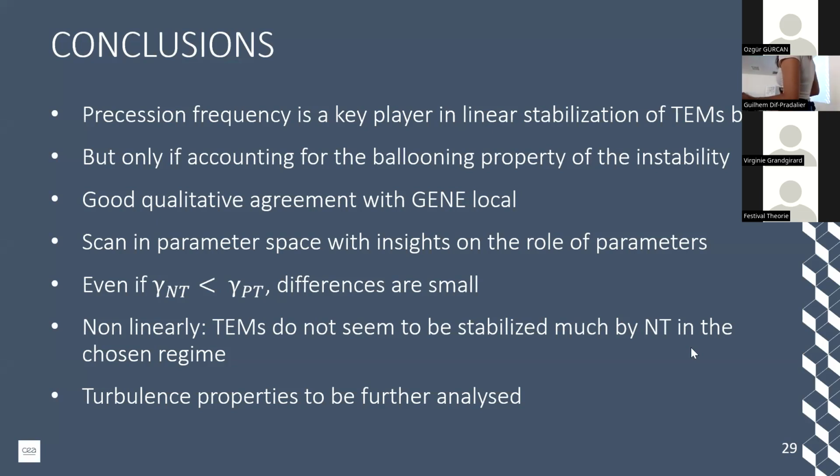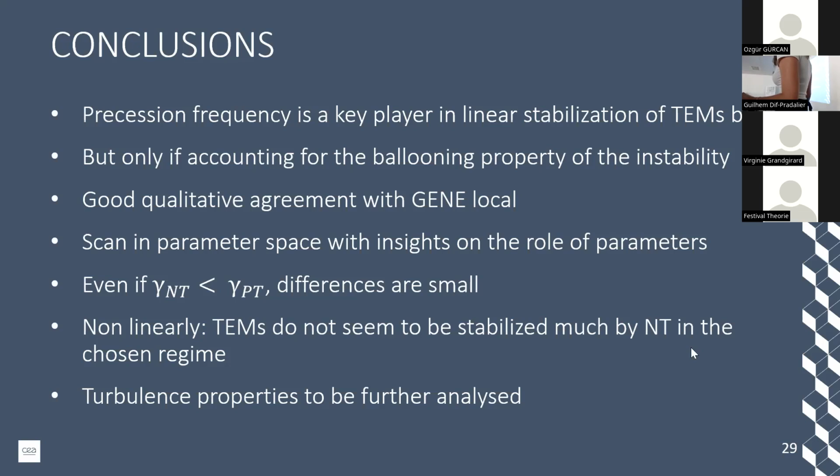So in conclusion, we played with the analytical model, seeing that the precession frequency is a key player in the linear stabilization of trapped electron modes by negative triangularity, but only if accounting for the ballooning property of the instability.